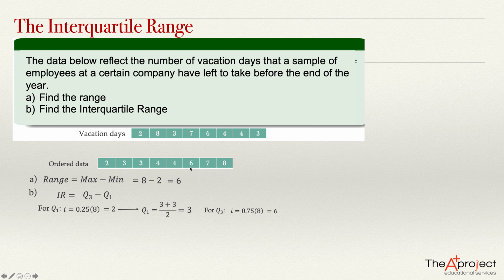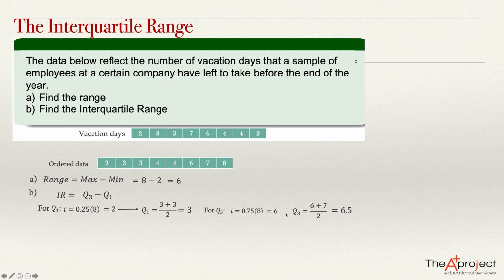Coincidentally, it could be another number. But because it was a whole number, if there were no whole number, we round up. But in this case, it was a whole number. So you just get the average between the data number 6 and the next data, the data number 7, that is coincidentally 7. So we have that Q3 will be 6 plus 7 divided by 2. And this gives you 6.5.